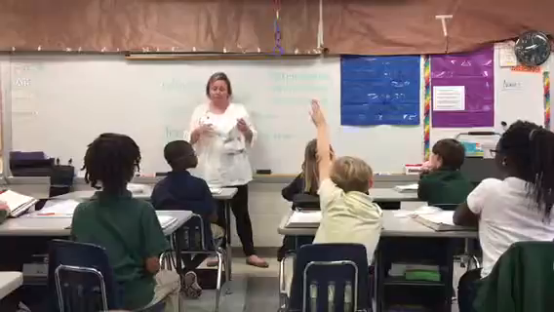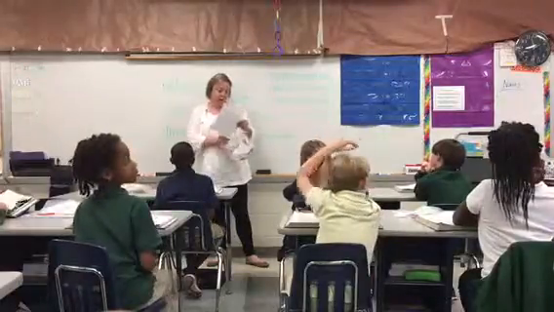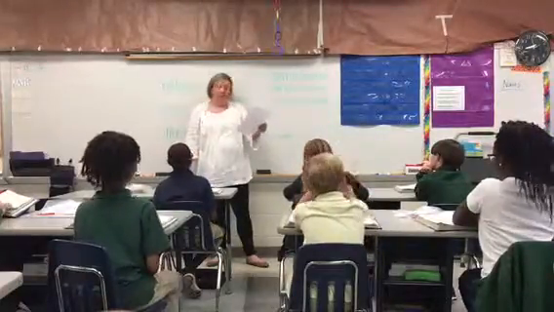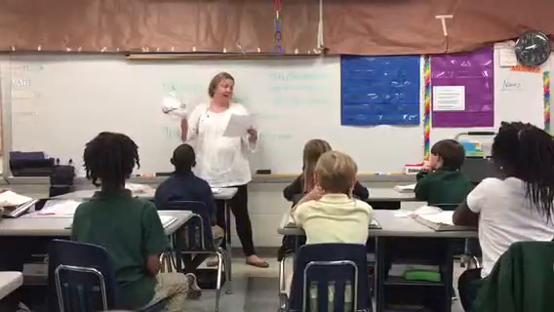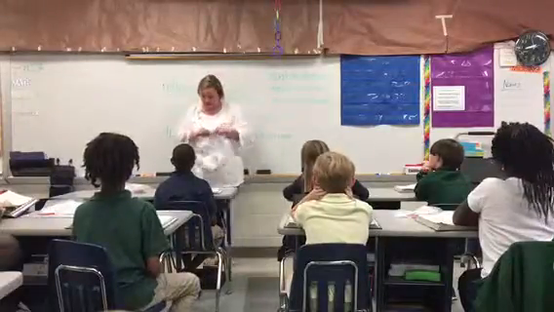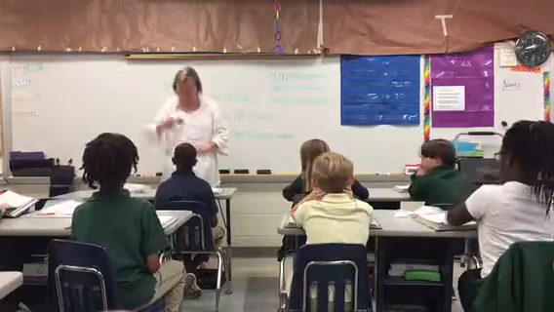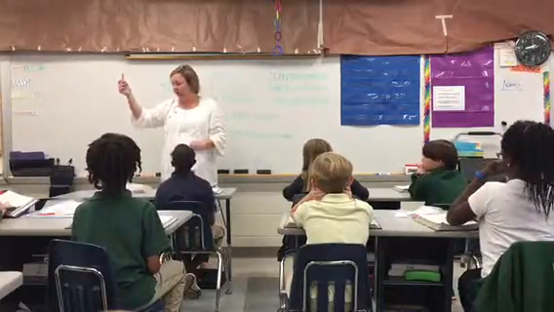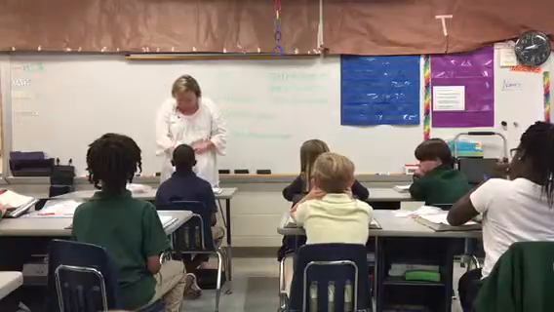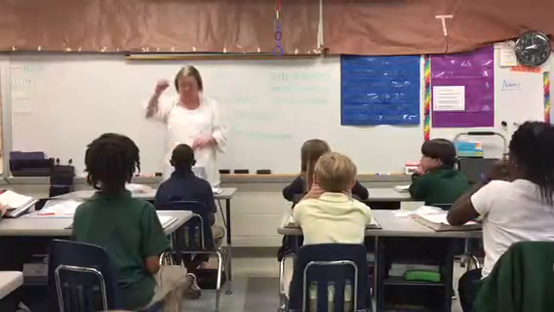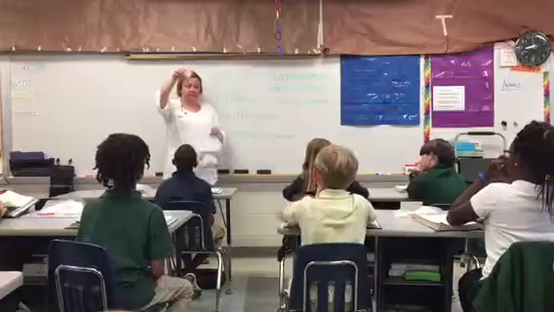Don't open them. Also, on your paper it says bingo chip. You will not find a bingo chip in your bag. You will see a red triangle, which is made out of the same plastic material that a bingo chip would be. You'll also see a medicine cup. This is your medicine cup.